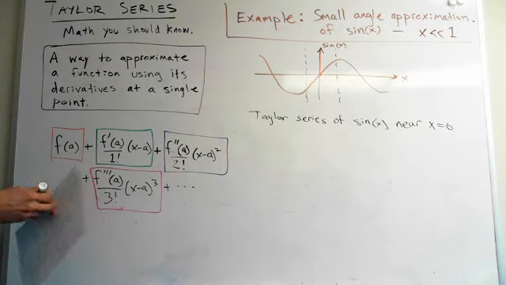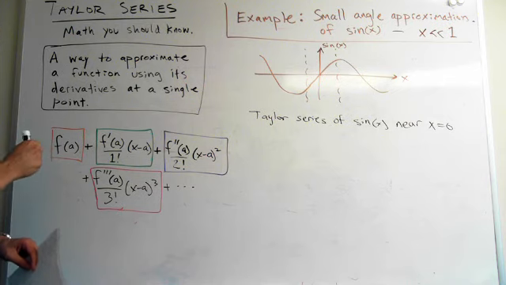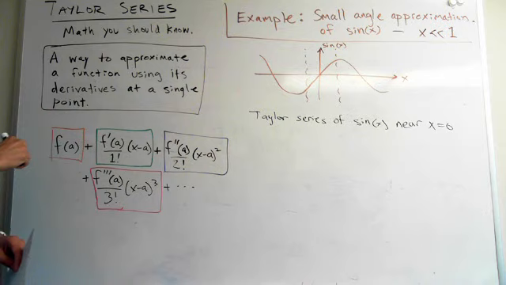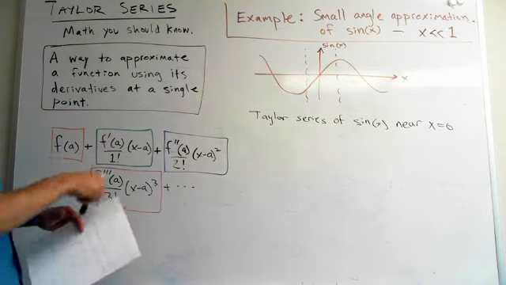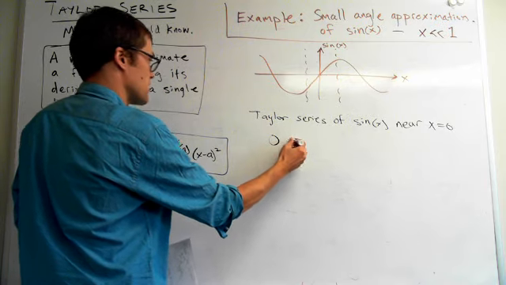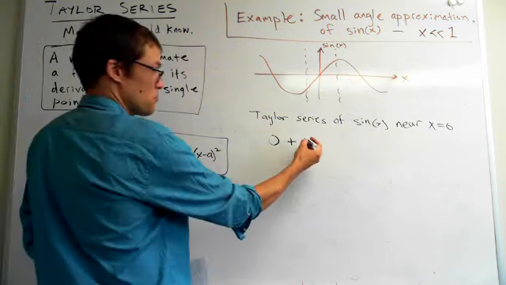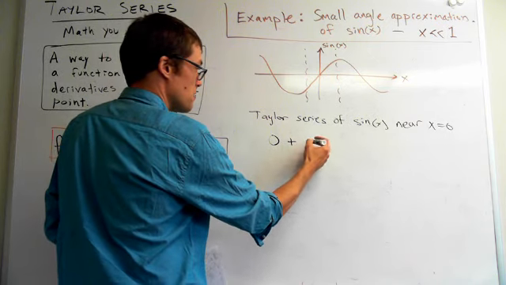Again, we're just using our formula here, and instead of a, we're talking about 0. So sine of 0 is 0, so the first term in the Taylor series is 0. What's the second term? The second term is the first derivative of sine, which is cosine.